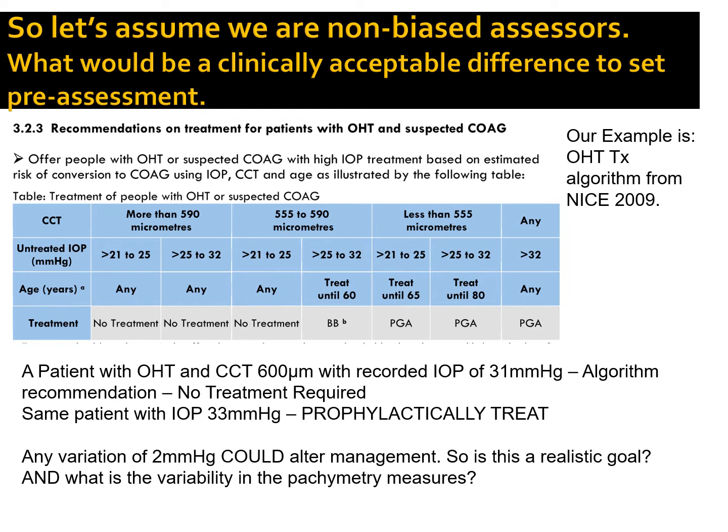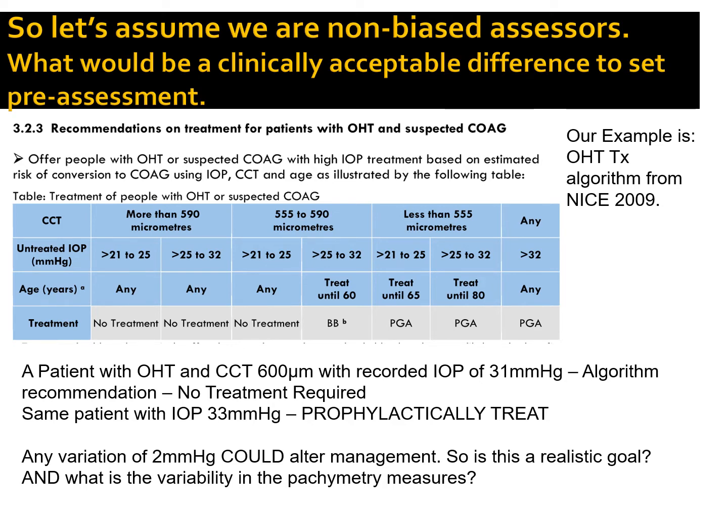set up the experiment. So I thought to myself, we take the 2009 paradigm or algorithm for prophylactic treatment of ocular hypertension. Now I know they've changed the baselines now from 21, but you know. So if we've got a patient with ocular hypertension and a CCT of 600 and a recorded IOP of 31 millimeters of mercury, the algorithm there states that no treatment is required.